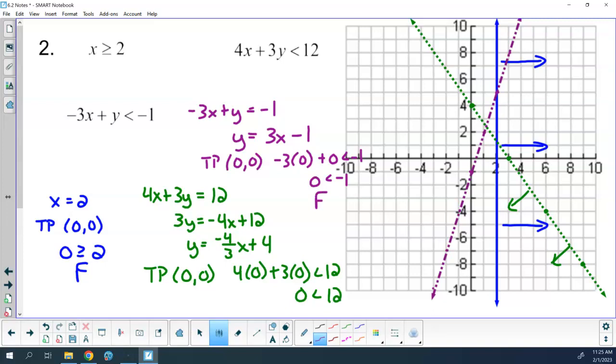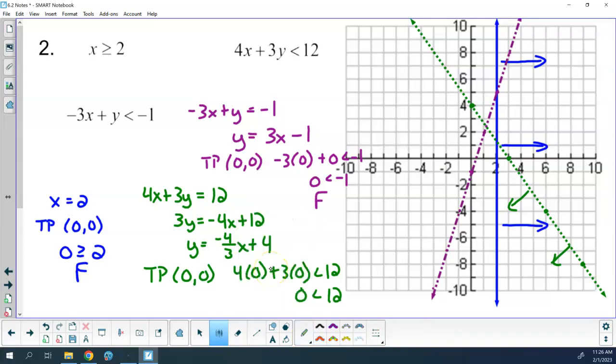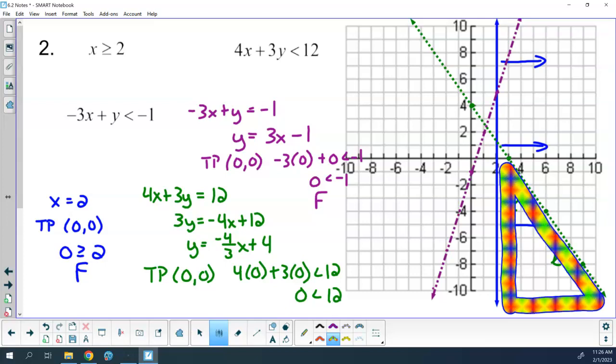So I am going to shade on this lower right-hand side of the line, which gives me the only spot that this one happens to be in, this little triangle region. Right there.